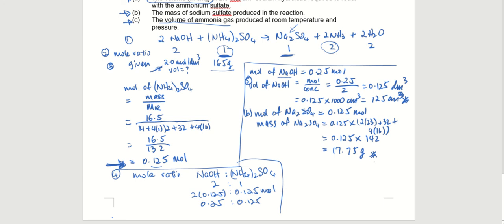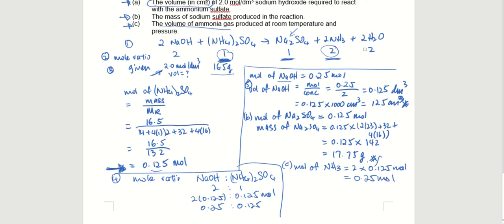Part C, allow me just to extend a bit. So part C, moles of ammonia formed will be 2 times 0.125 mole, since the mole ratio of ammonium sulfate to ammonia is 1:2. So this will give you 0.25 mole of ammonia.